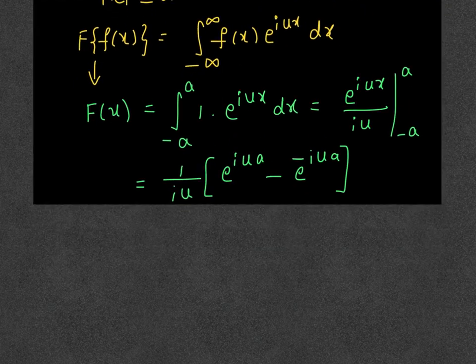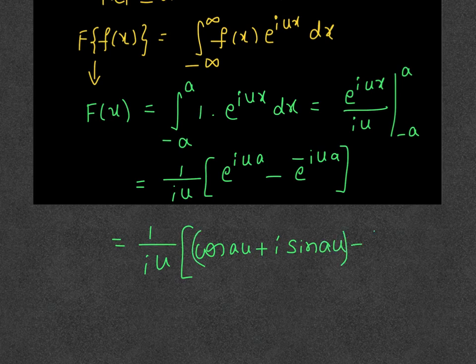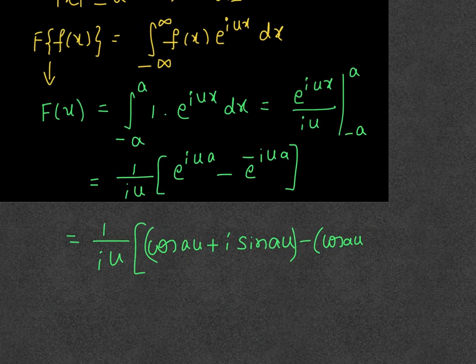Next, I simplify this as 1 by iu times e power iua, which can be written as cos au plus i sin au, minus e power minus iua, which can be written as cos au minus i sin au.